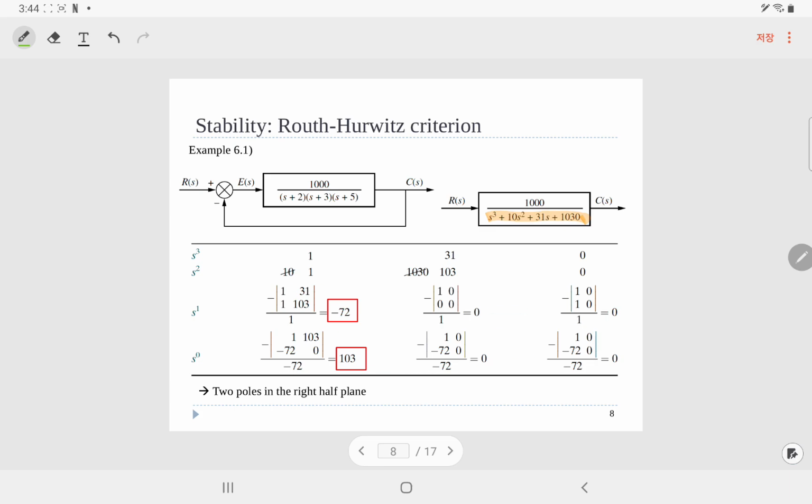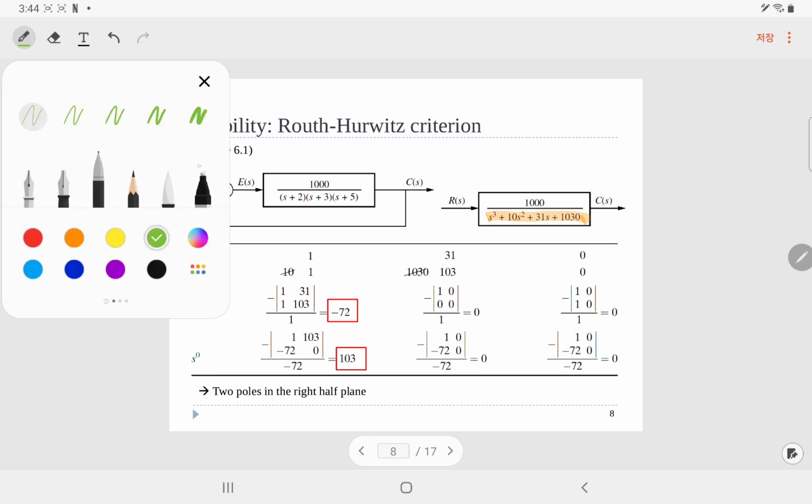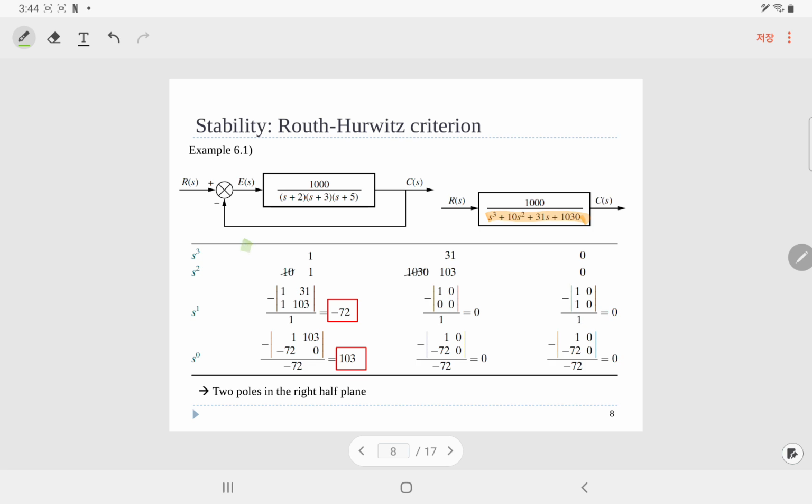So the next step is to analyze the closed loop system's stability by using this table. To this aim we have to focus on the first column of the Routh table. We have to focus on this part.